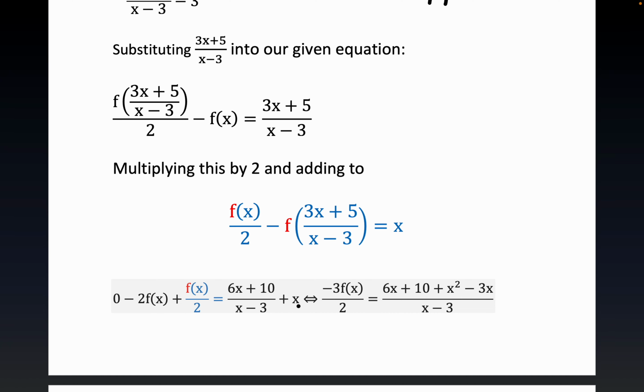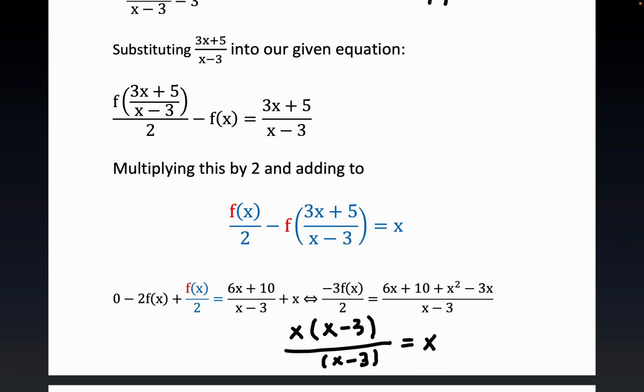Now notice that this step right here, going from here to the very next line, is just some standard algebra: x times x minus 3, over x minus 3. You guys probably don't need to see this, but this is just equal to x, as long as x is not equal to 3.